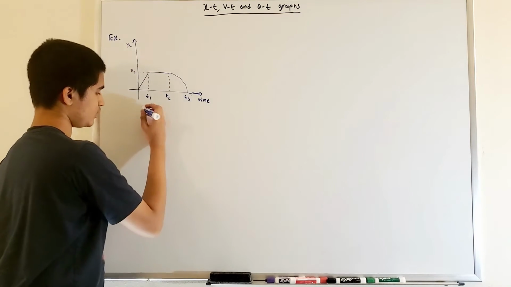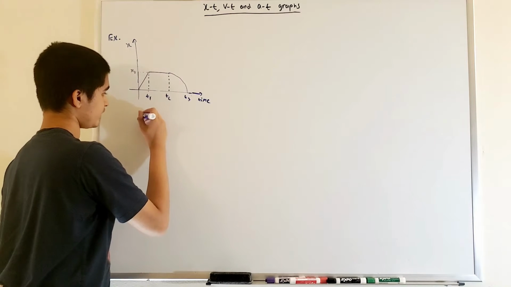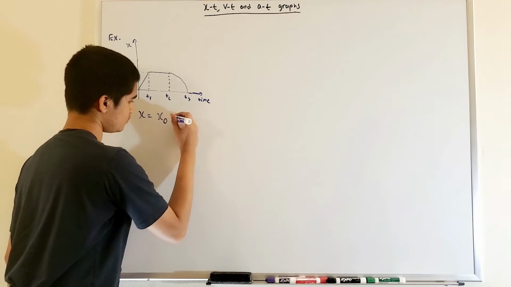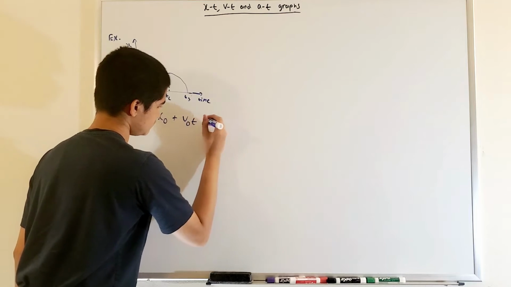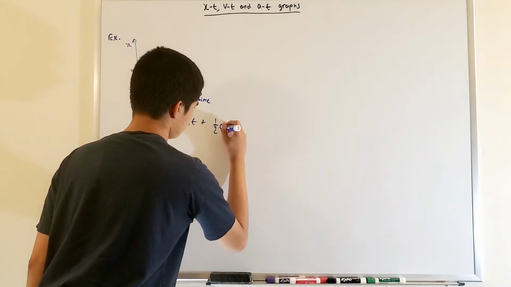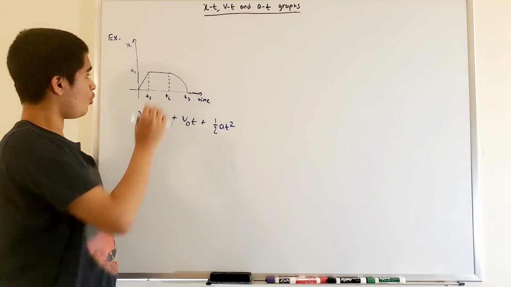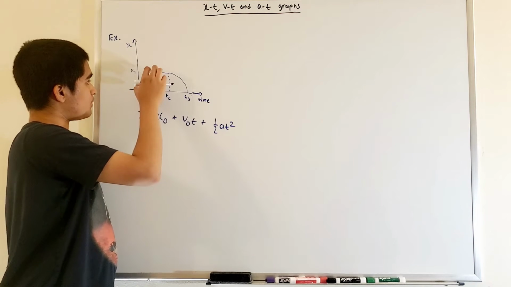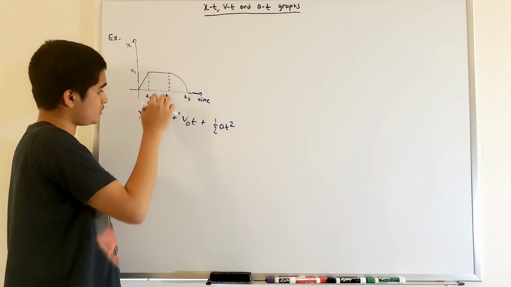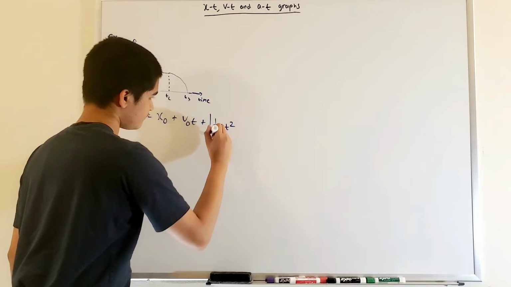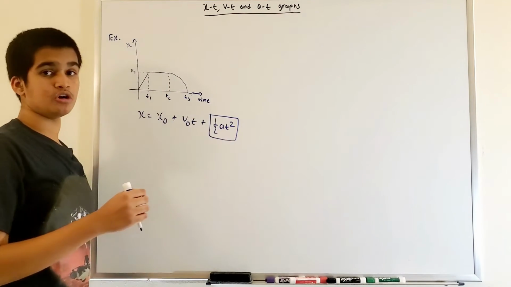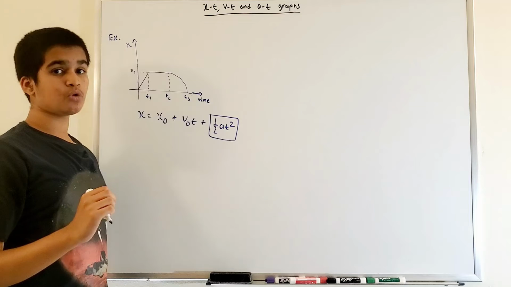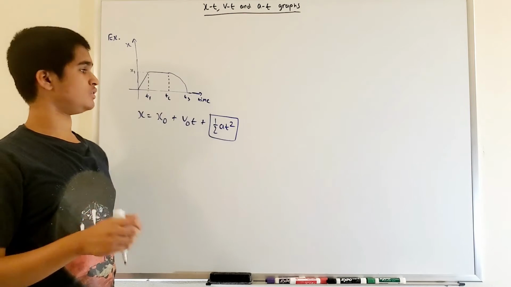Now we know that the equation for the displacement is given by x is equal to x0 plus v0t plus 1/2 at squared. The only way for the displacement to be linear is if the 1/2 at squared term is equal to 0, and that can only happen with a constant velocity.